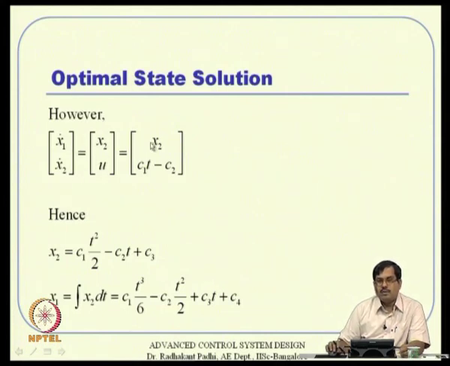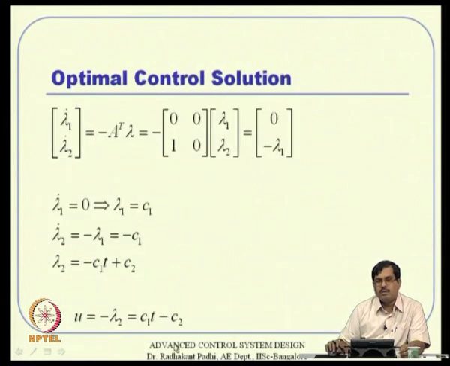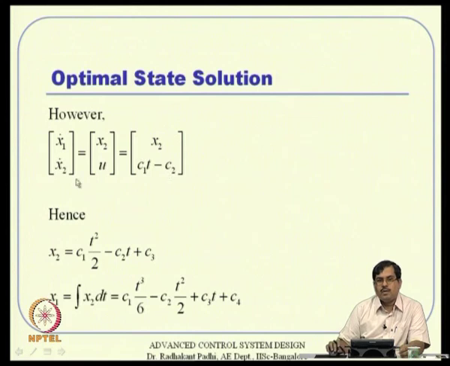So x1 dot is x2, let us keep it that way, but x2 dot is u, which is nothing but this one. Because x2 dot is that, x2 is obtained by one integration, so it takes this form: C1 t squared by 2 minus C2 t plus C3. Now we go back and say x1 dot is x2, and x2 is now available in this form. So x1 of t is the integral of that particular function, and hence it turns out to be that way.